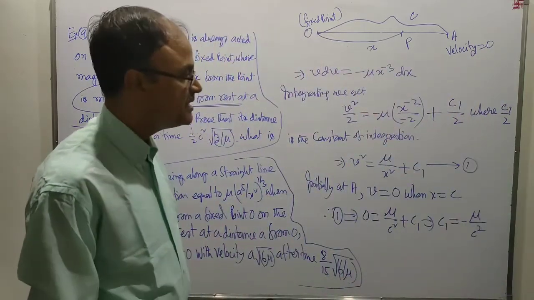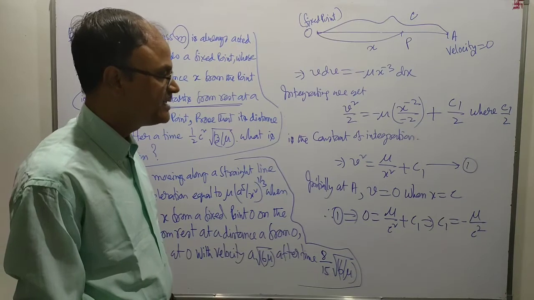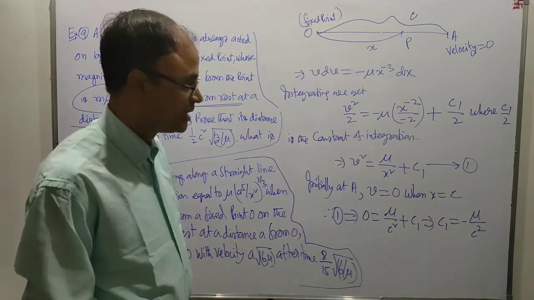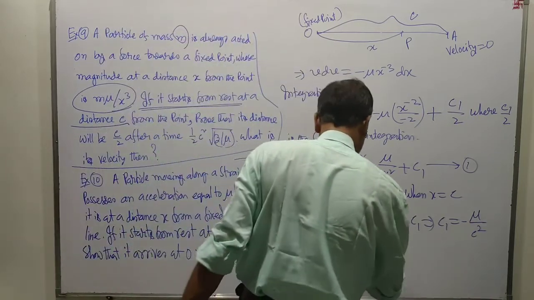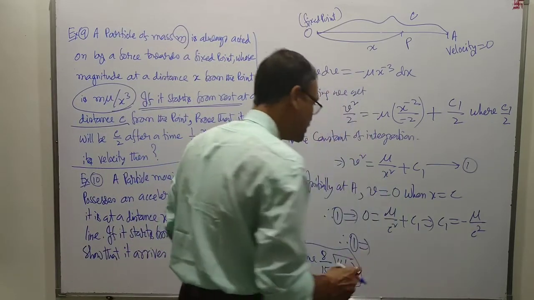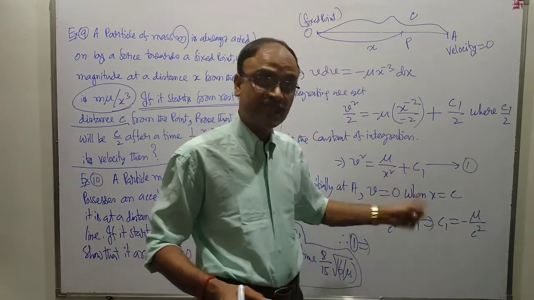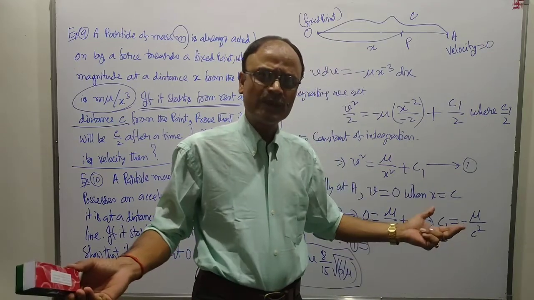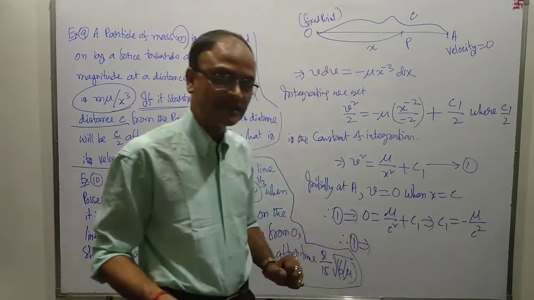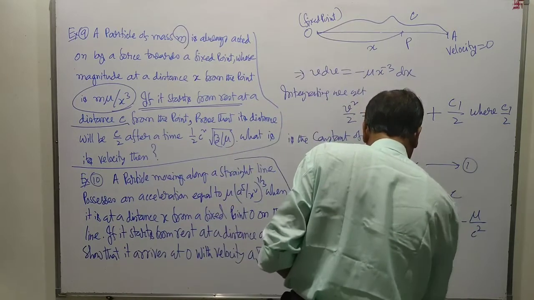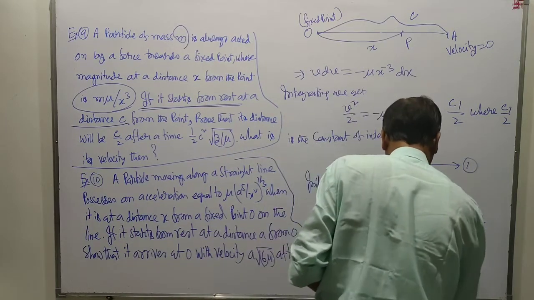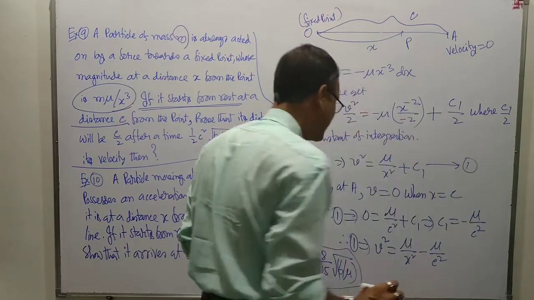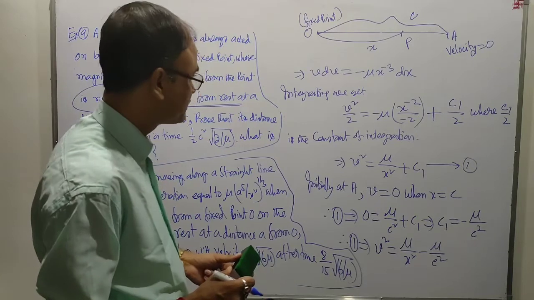Now substitute the value of C1 in 1. We get v square equal to mu by x square minus mu by c square. V square is equal to this.